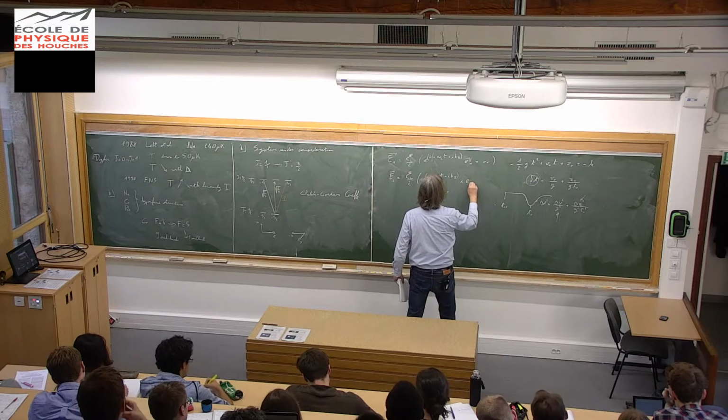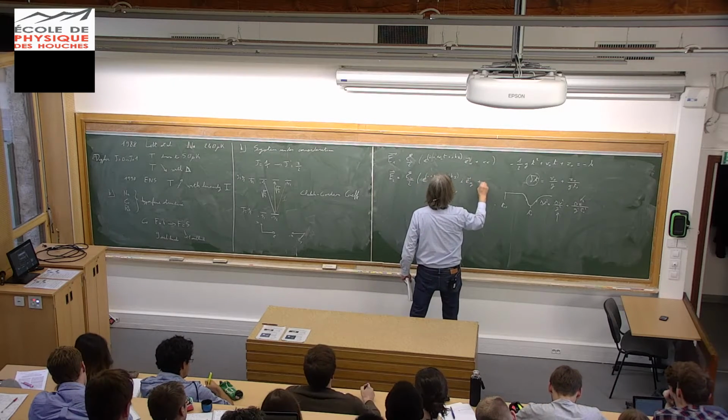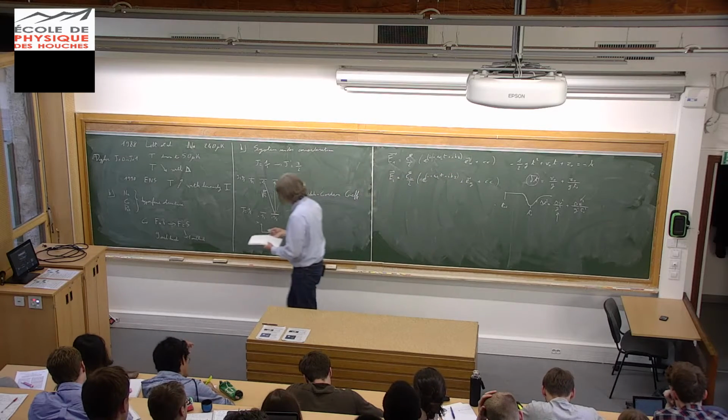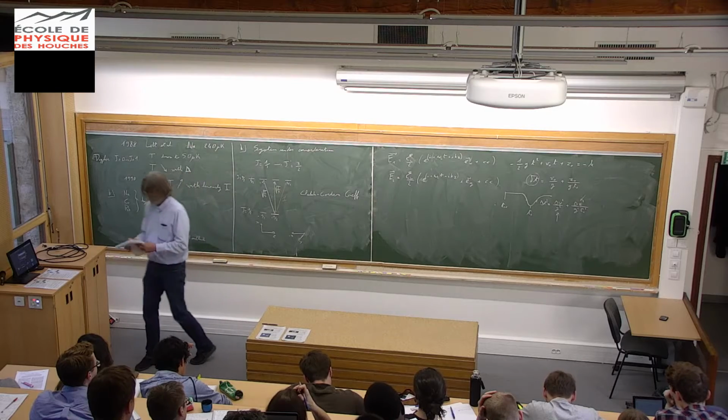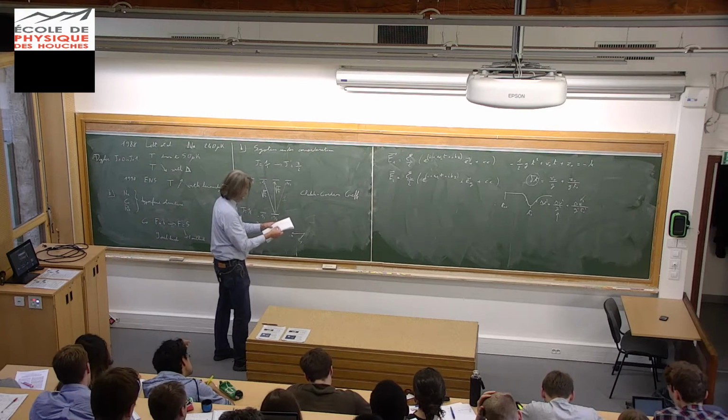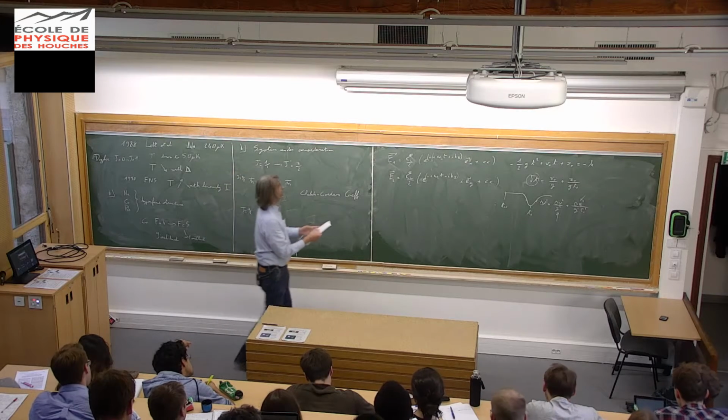For a reason that you will see later, I put an i here. This is just a trick to have a maximum of intensity when z equals 0.